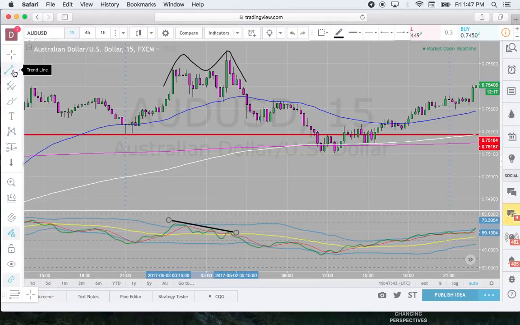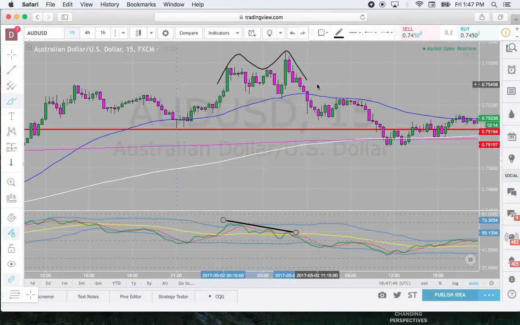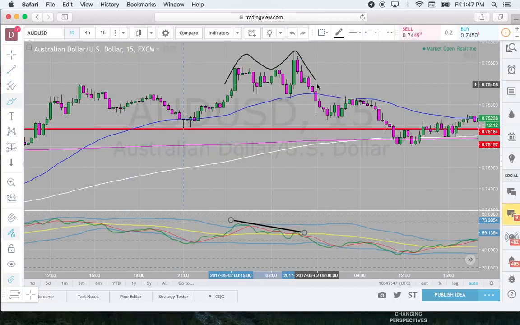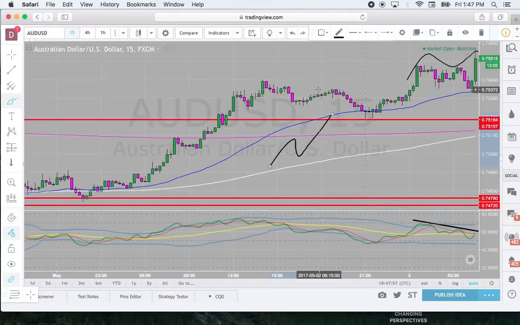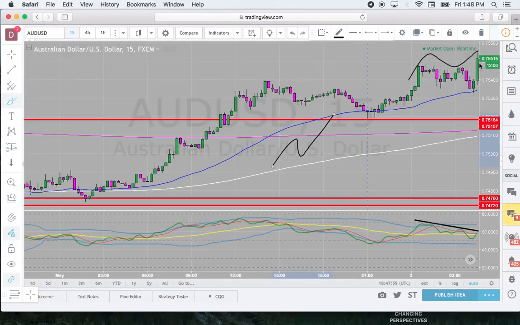Complete change. Okay, and remember how I showed you this. This is what a retail trader thinks will happen. Look at it. Doesn't it look like that's going to happen? Okay? It looks exactly like that's going to happen.